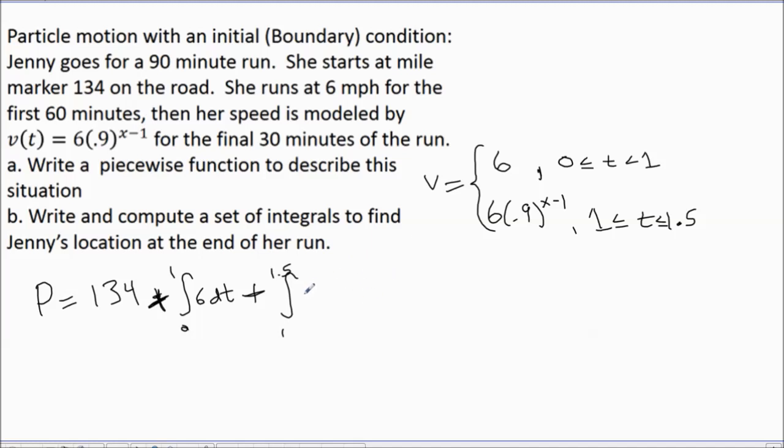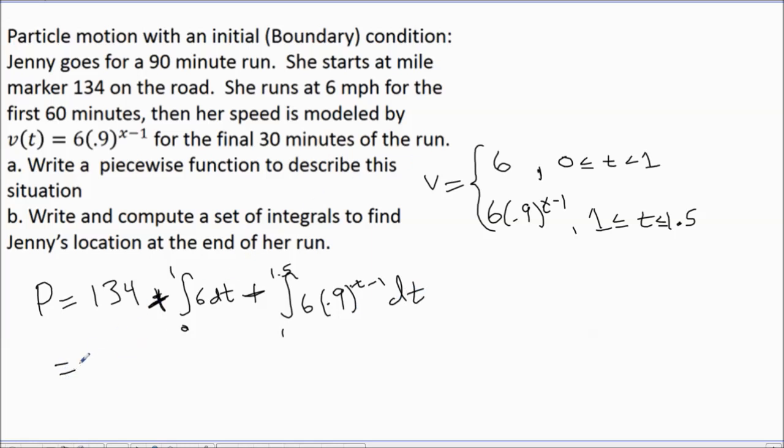So 6 times 0.9 to the t minus 1. Okay, and it dawns on me that there should probably be a t. X is a pretty easy letter to fix to match that. Okay, so make that a t. T minus 1 dt.